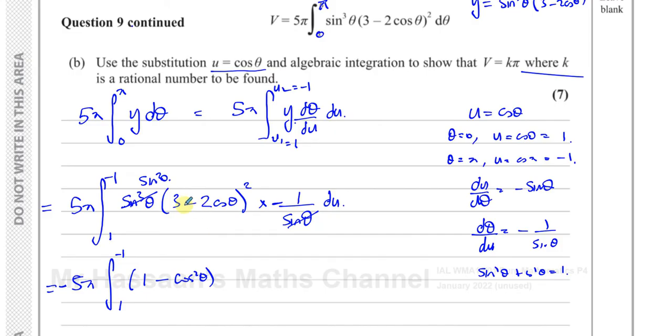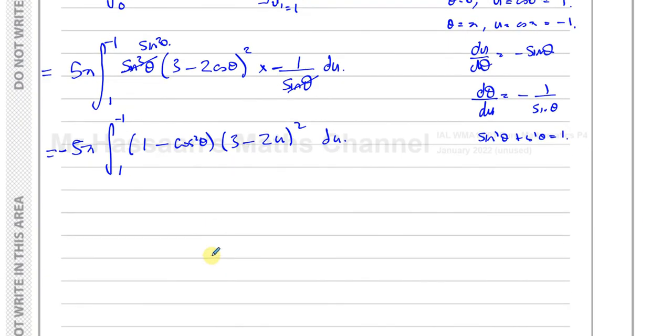And 3 minus 2 cosine theta becomes 3 minus 2u, squared, now with respect to u. So we get minus 5 pi between the limits of negative 1 and 1, of 1 minus u squared times (3 minus 2u) all squared, with respect to u.